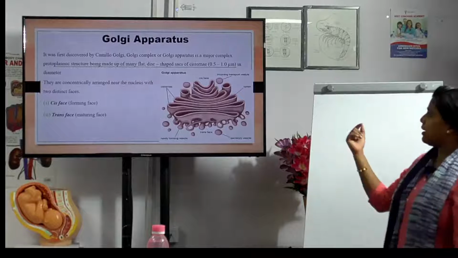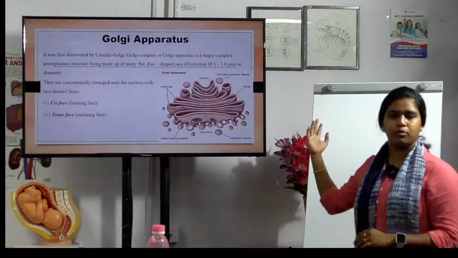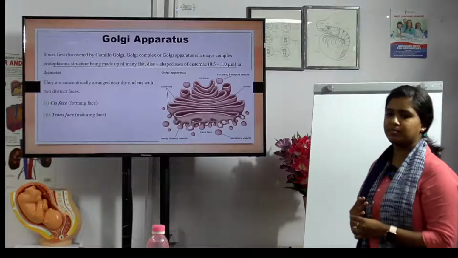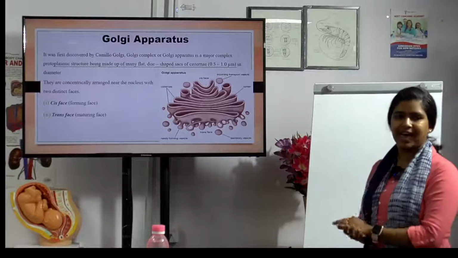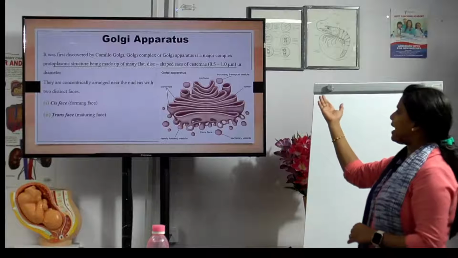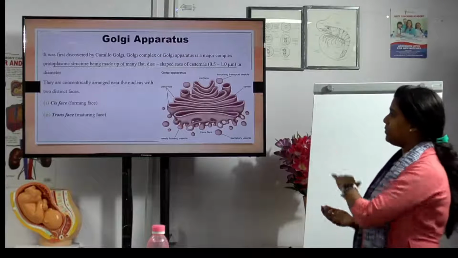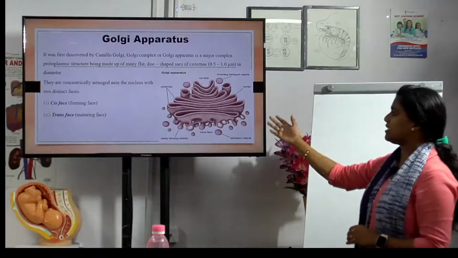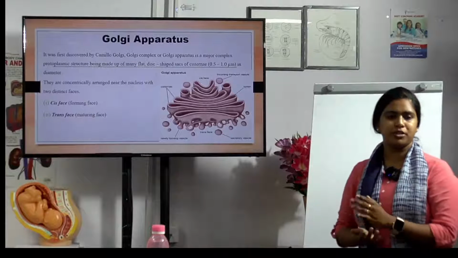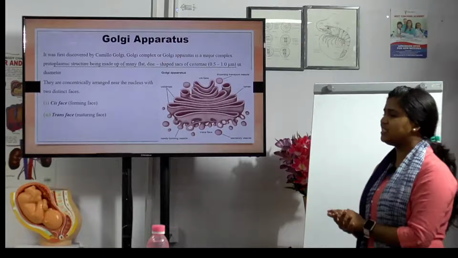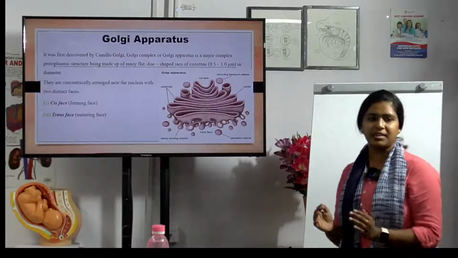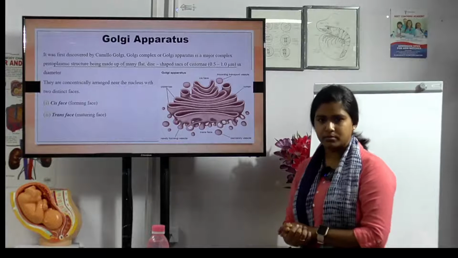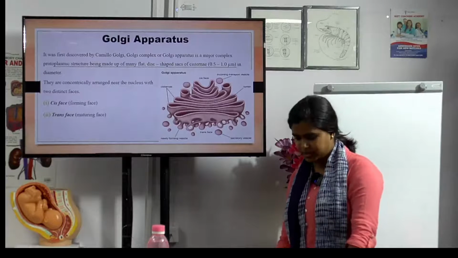It was discovered by Camillo Golgi, so it was named after him, and it is a major complex protoplasmic structure made up of very flat, disc shaped sacs called cisternae. They have two distinct phases. One is the cis phase, which helps in the formation phase, and the other is the trans phase, which is the mature phase. After everything has grown, that phase is called what? Trans phase.